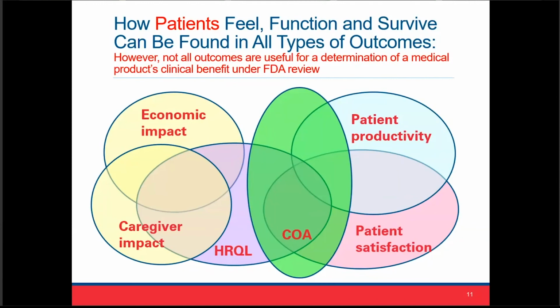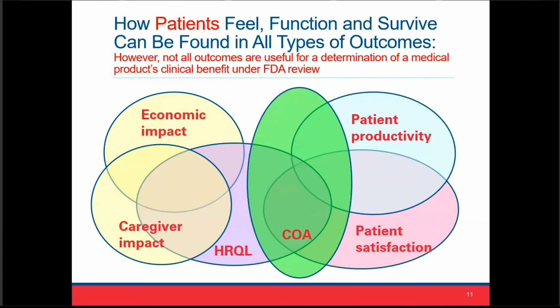So there are clinical outcome assessments in many other types of outcome assessments, but not all of them are going to be acceptable for regulatory use, which is why you will not find economic impact in the clinical outcome assessment bucket. You will not find caregiver impact in the clinical outcome assessment bucket because FDA would never approve a drug on the basis of what that drug does for a caregiver.